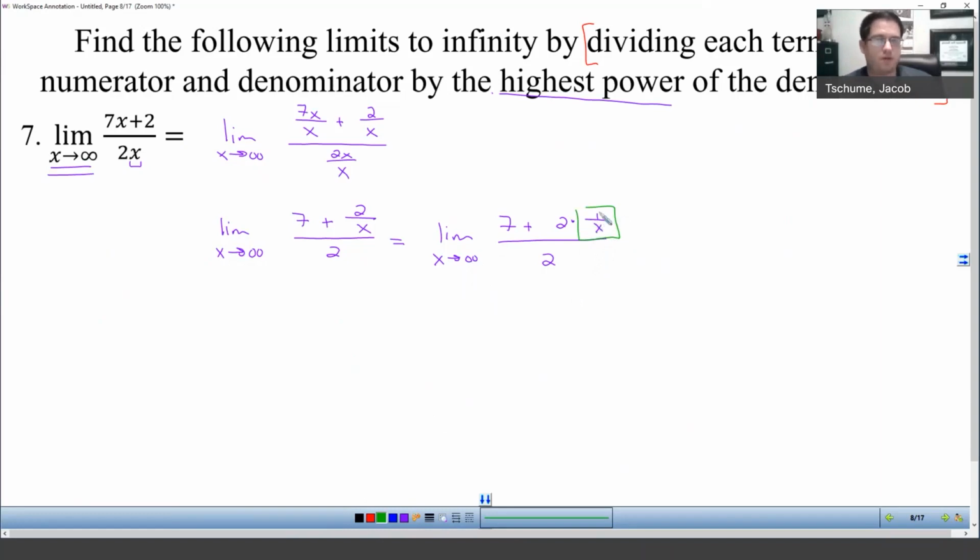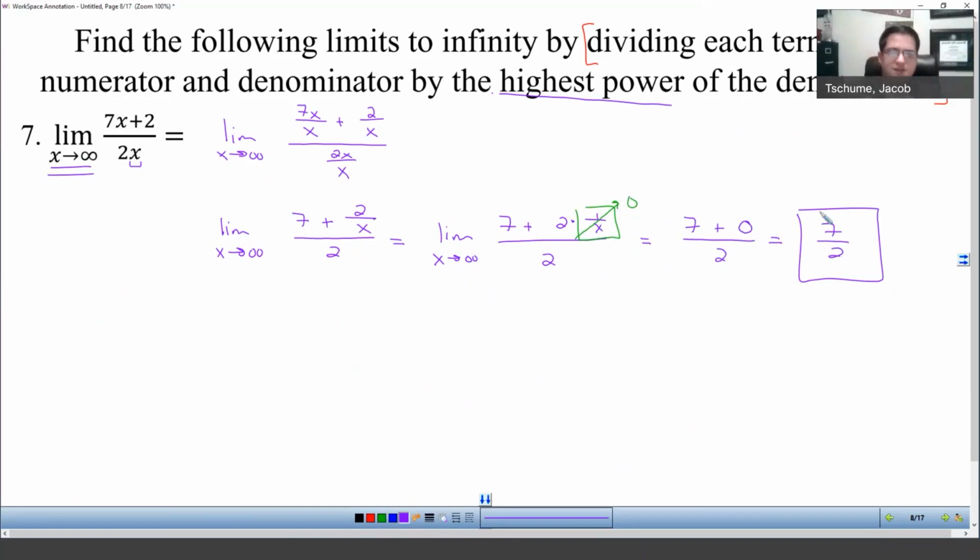We already know what this infinite limit is. That's going to go to 0. And since that's your only x term, you can now drop the limit off, and you're left with 7 plus 0 divided by 2, which gives you an answer of 7/2. And that's how you can do an infinite limit algebraically.